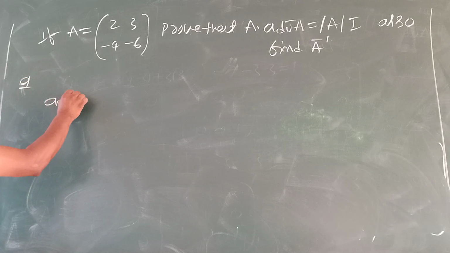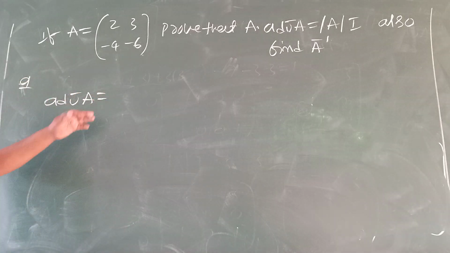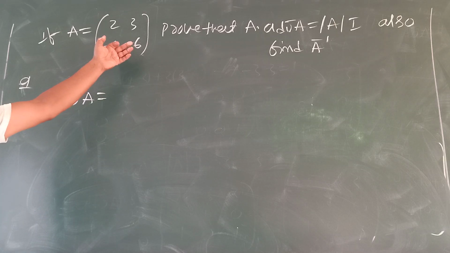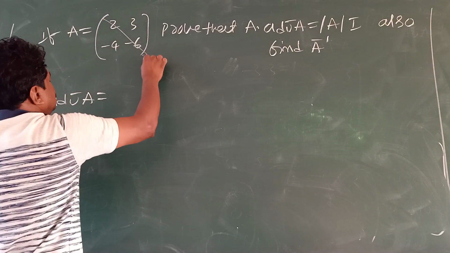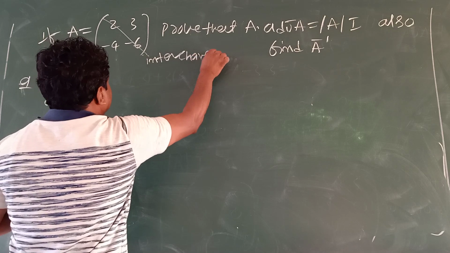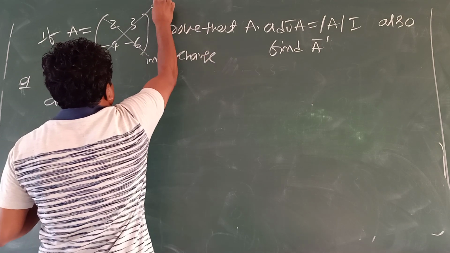Adjoint A. This is a second order matrix, students. If it is a second order matrix, you know how to find its adjoint: interchange and sign change.